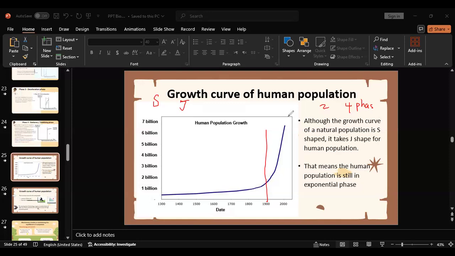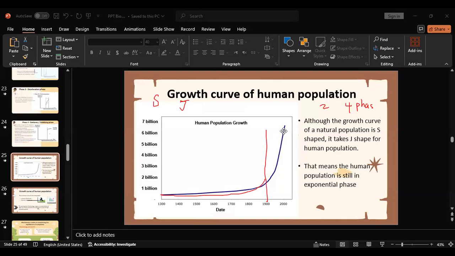So the death rate is very low and the birth rate is high. Previously, in earlier years, no development or technologies were there, and then the human population looked like this.